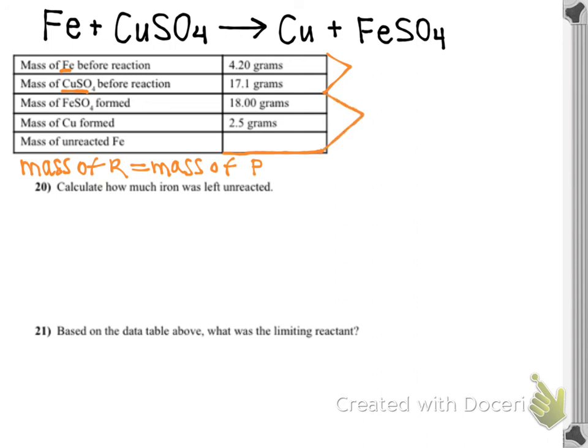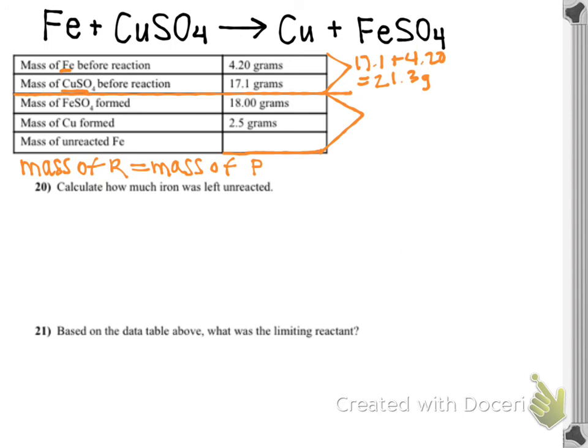So we can separate our table into reactants and products. If you look at the mass of your reactants, 17.1 plus 4.20 equals 21.3 grams. So our reactants add up to 21.3 grams.